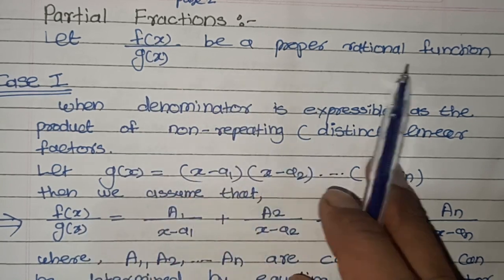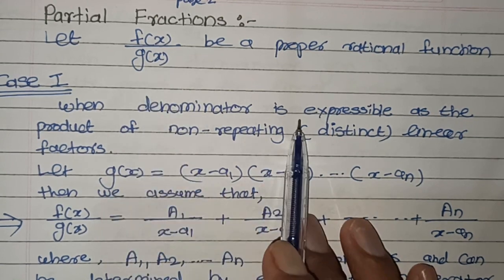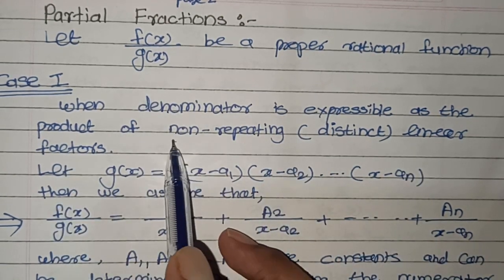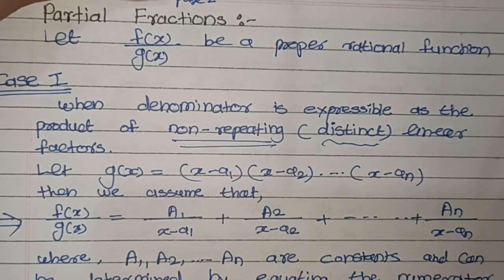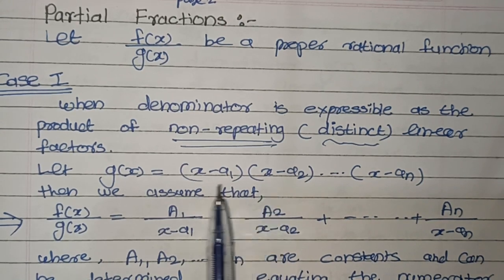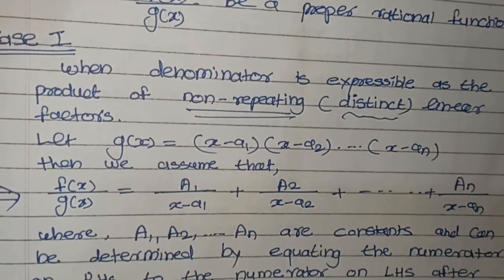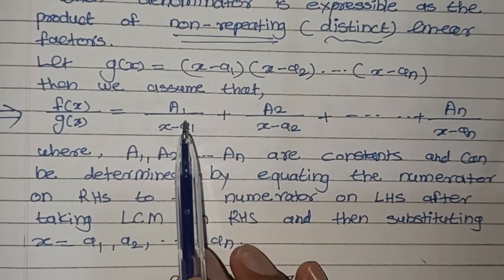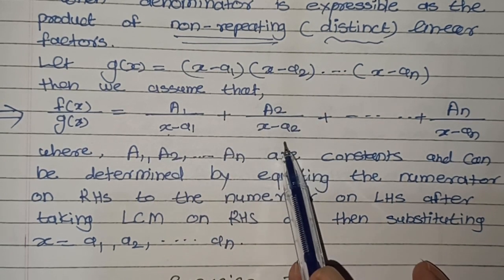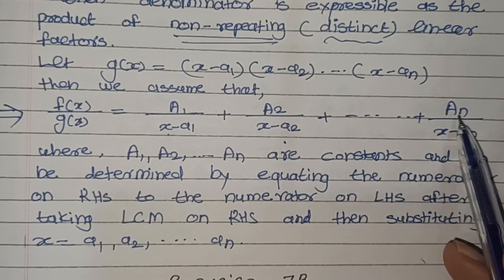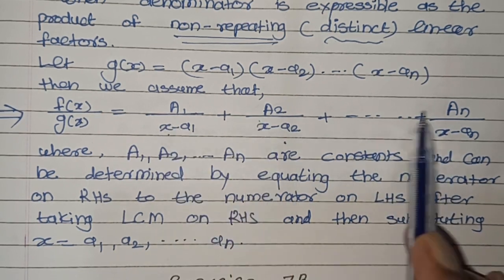If f of x upon g of x is a proper rational function, then in case one, if the denominator, that is g of x, is expressible as a product of non-repeated or distinct linear factors, that is g of x is of the type x minus a, x minus a1, x minus a2 up to x minus an, then you can write f of x upon g of x as a1 upon the first factor plus a2 upon the second factor plus an upon the last factor. And we have to determine the values of a1, a2 and an.